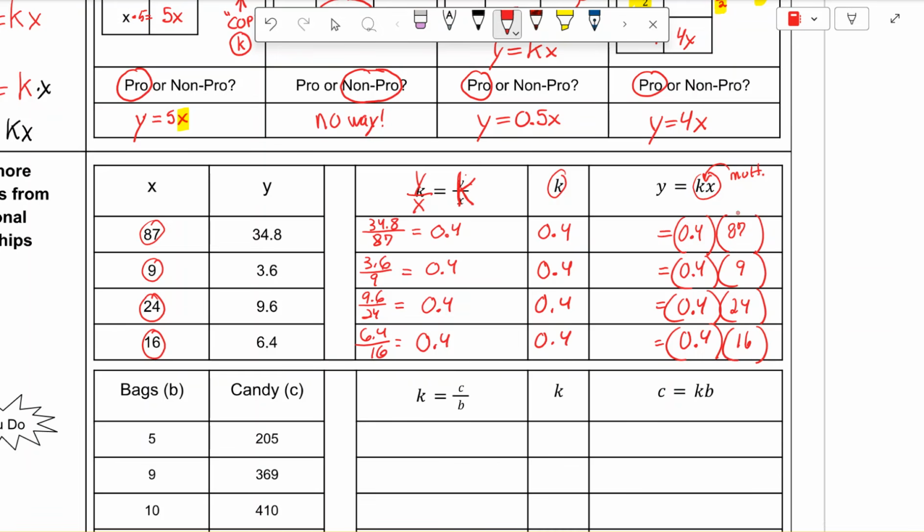All right, so when you multiply 4/10 times 87 in your calculator, you're going to get 34 and 8/10.